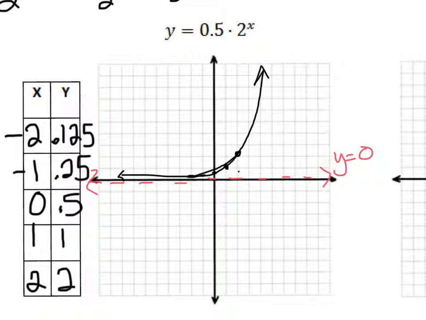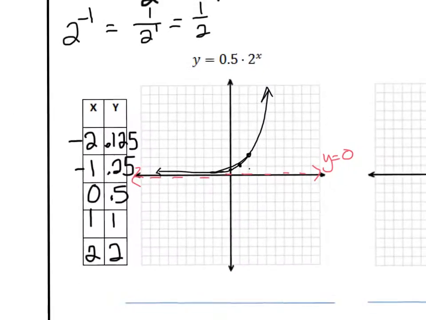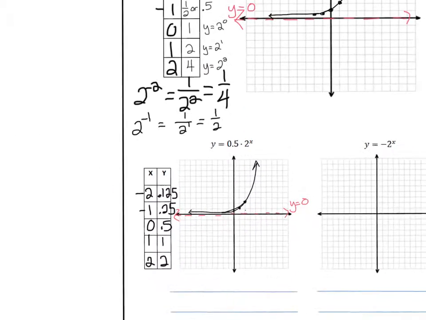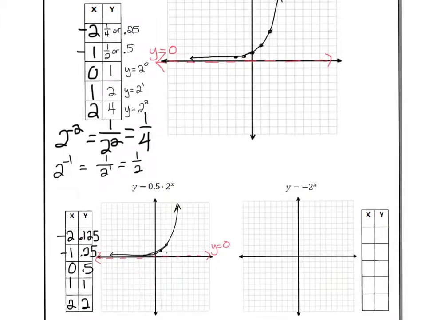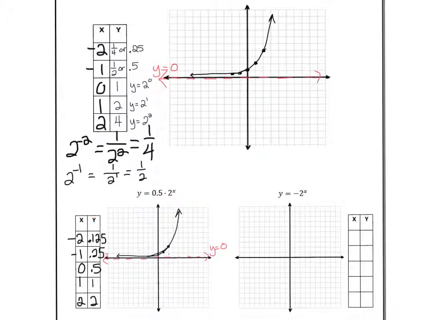Well, if I look at what happened and compare it to our original parent function, you'll notice the curve is just a little bit wider. And when it's wider, we call that a compression.